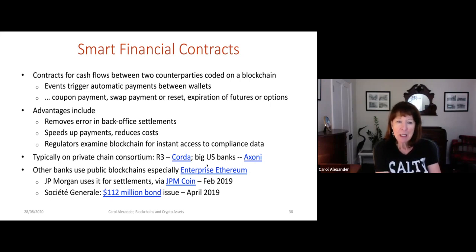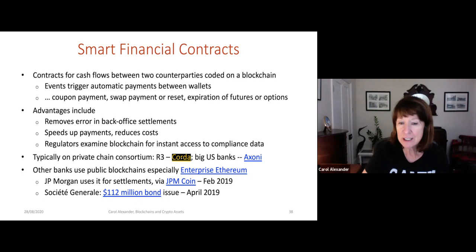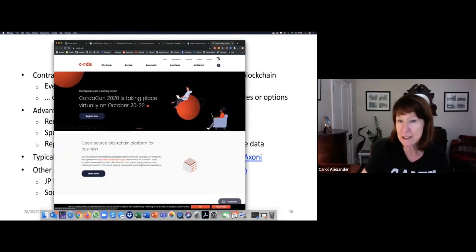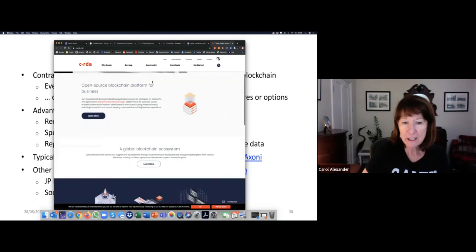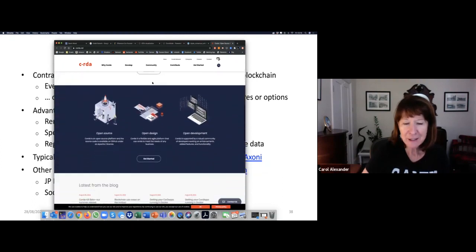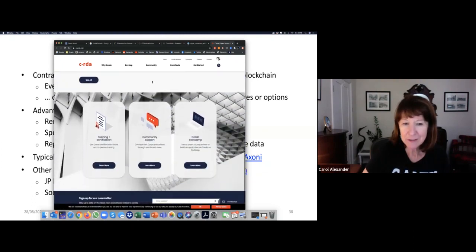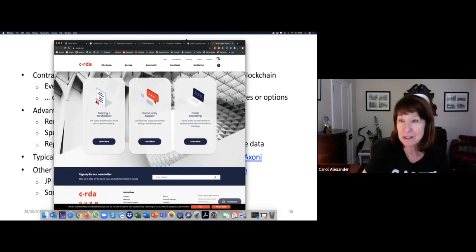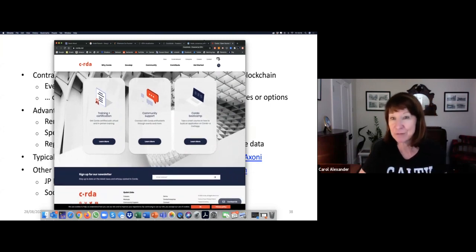So typically there are these private chain consortia like R3. This was originally made from banks like RBS, but when I looked at the website recently, the role of banks is completely underplayed now, but this is actually funded by about 100 different banks.